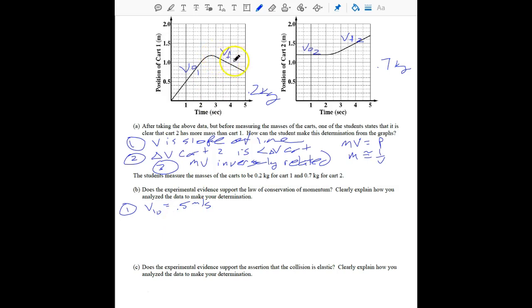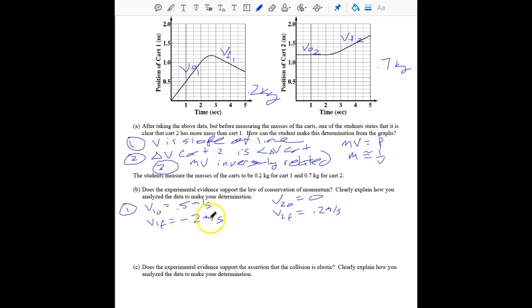Then over on this side, the slope for this part is going to be the final velocity of cart 1, and that's equal to negative 0.2 meters per second. For cart 2, the original velocity is 0 because it's horizontal. Then if you find the slope of this line, you're going to find out that the final velocity of this cart is going to be a positive 2 meters per second.